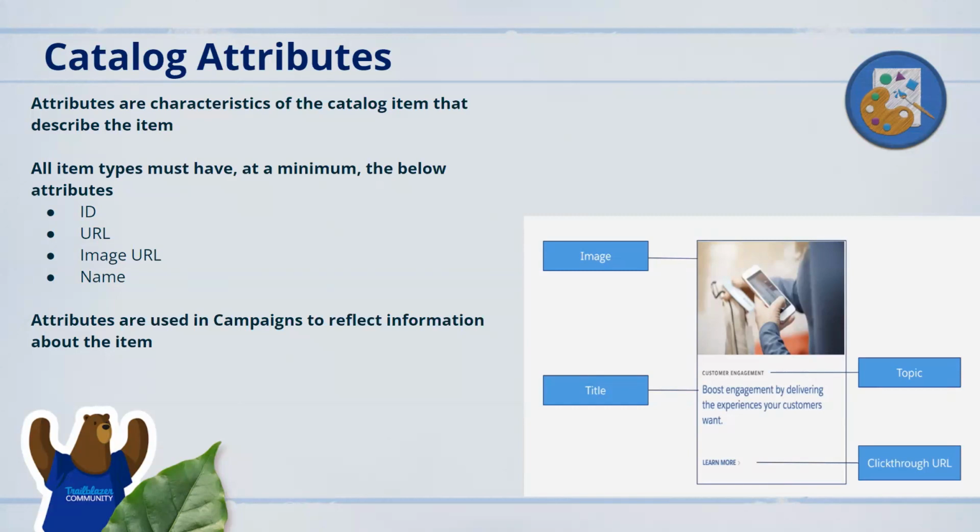They're heavily used in recommendation campaigns as well to render the product or content recommendation for that user. The example you see on the right here is a blog post, and each component making up the recommendation is an attribute of the item. So the image, the title, the topic, and the click-through URL are all attributes of this item.